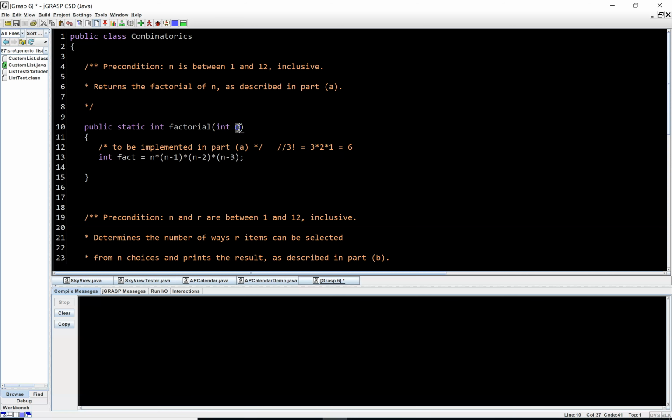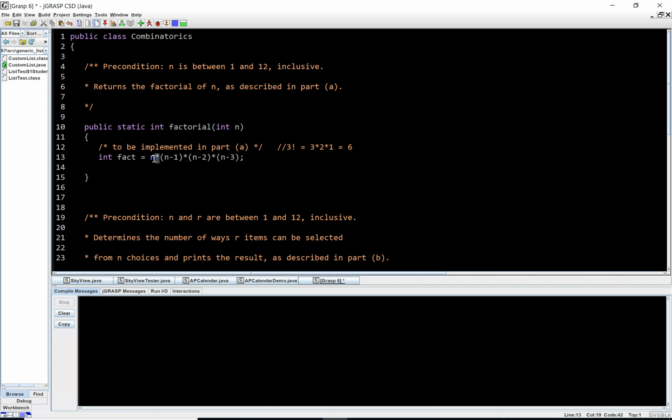So if I send an argument of 3 here, and it gets stored in this parameter n, and if I have this implementation, it would be 3 minus 1 is 2, 3 minus 2 is 1, 3 minus 3 is 0. So 3 times 2 times 1 times 0, and you return 0, and that's not what you want. So again, this is technically what we're doing, but we don't want to implement it this way.